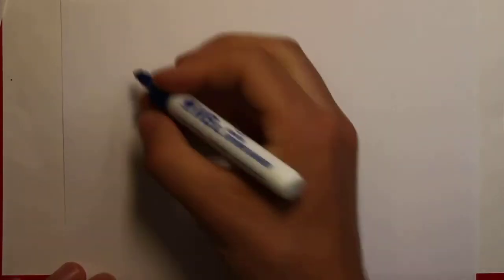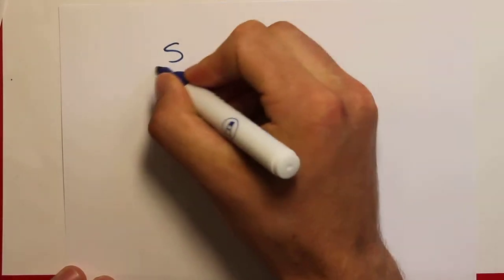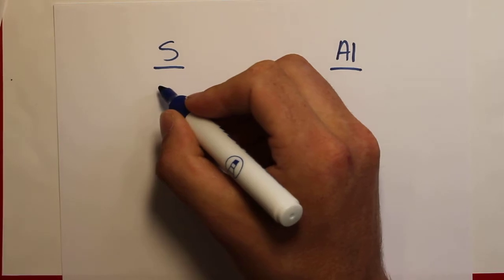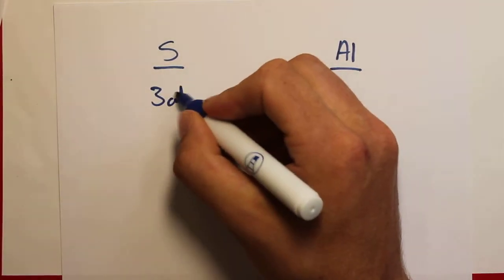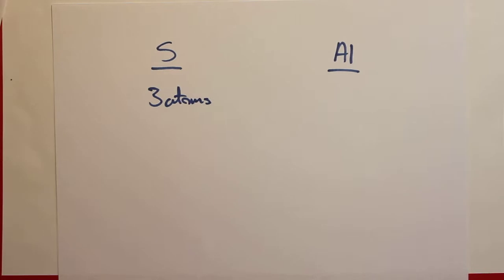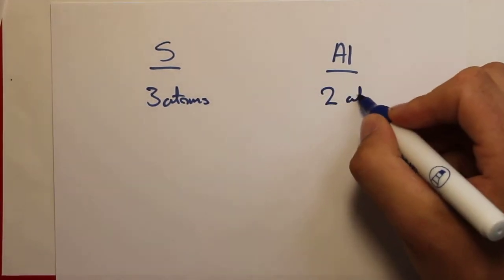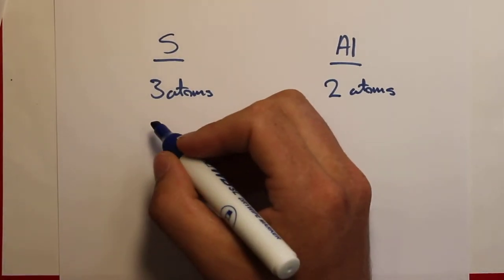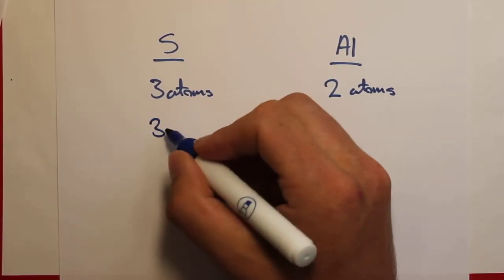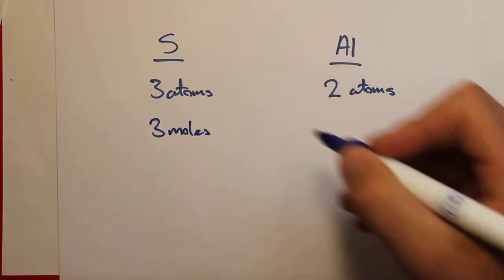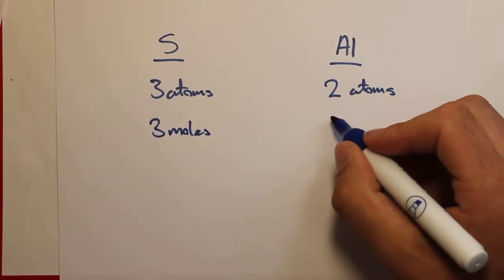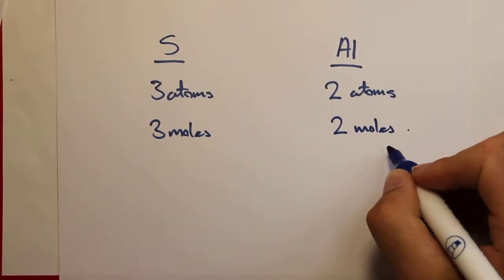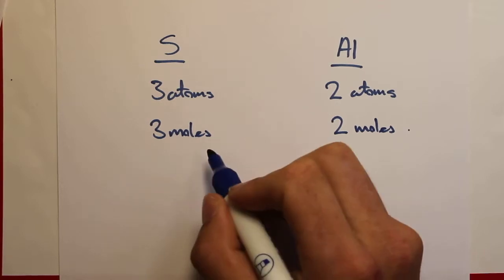Okay, so if we've got our sulfur here and our aluminium here, we know that we had 3 atoms of sulfur for every 2 atoms of aluminium. Well, we could go further with this and we could say that, well, if we had 3 moles of sulfur, we would have 2 moles of aluminium to remove 3 moles of sulfur.